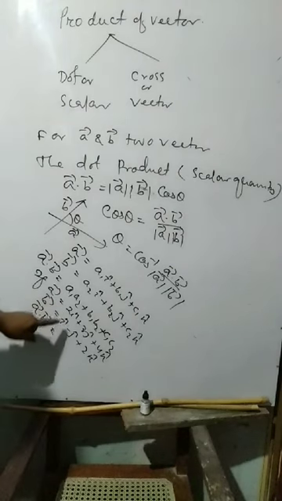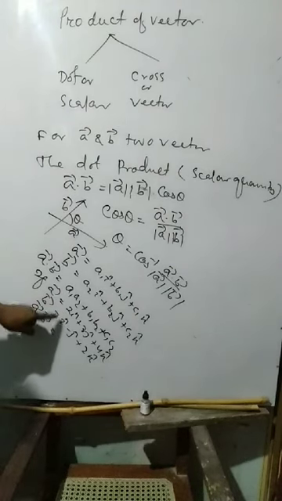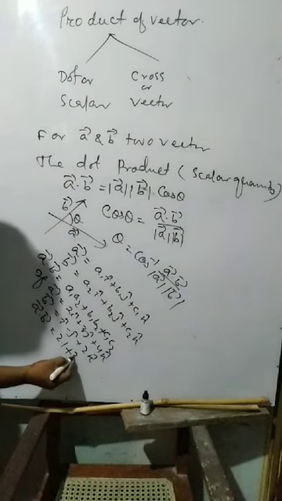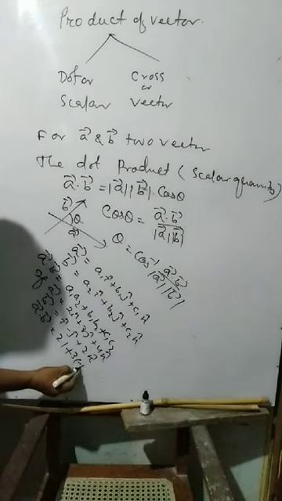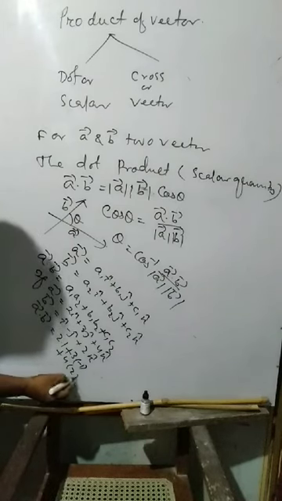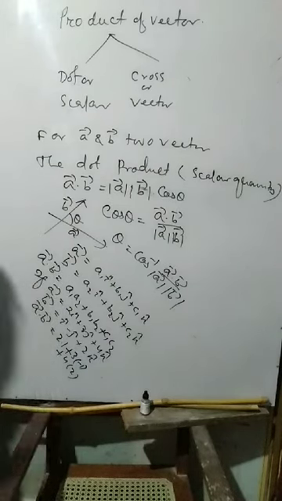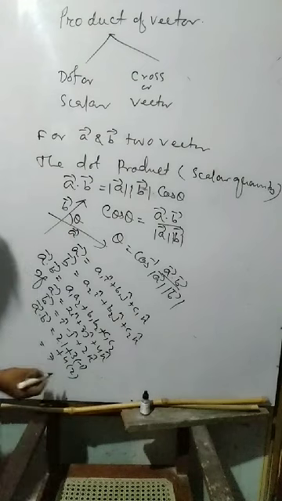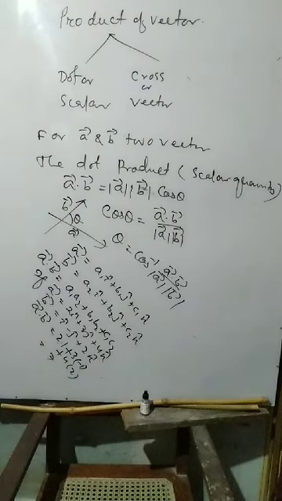Here the coefficient is 2, here the coefficient is 1. 2 into 1, plus 3 into minus 1, plus 4 into 2. So 2 plus 8 is 10, minus 3 gives 7. 7 is the A dot B. Here the dot product between the two vectors can be represented by this.